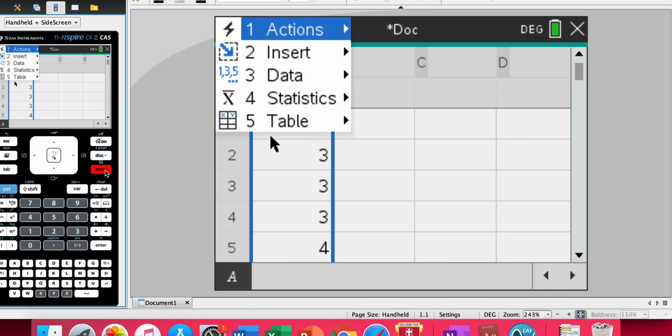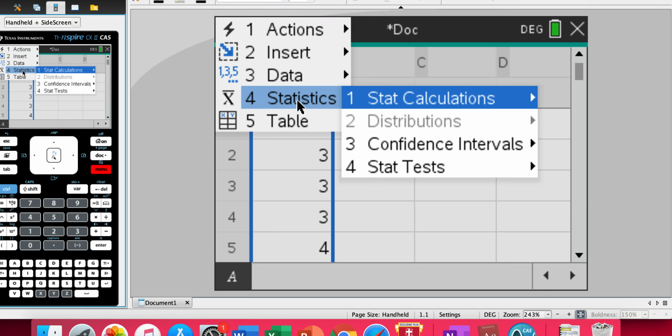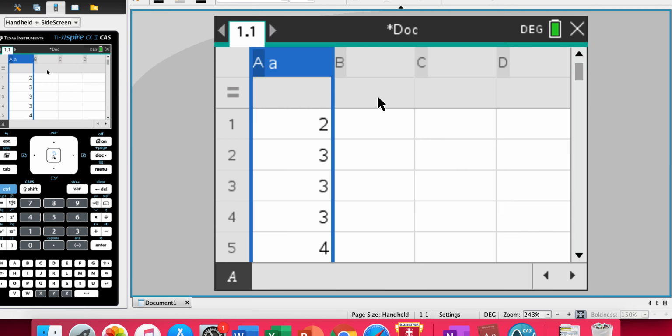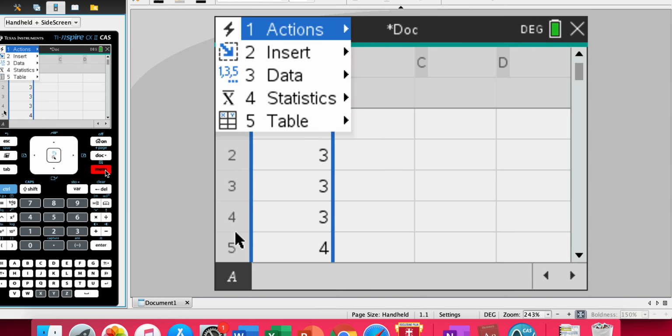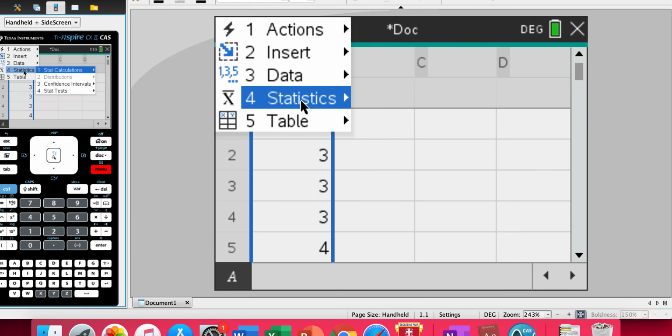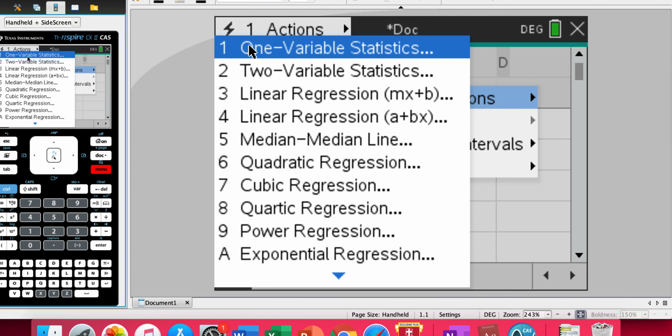So we're going to go into menu, and we are going to go into statistics. And we're going to do stat calculations. Oh, I made a mistake, sorry. Menu, statistics, stat calculations. Good. And we're going to go into one variable statistics.